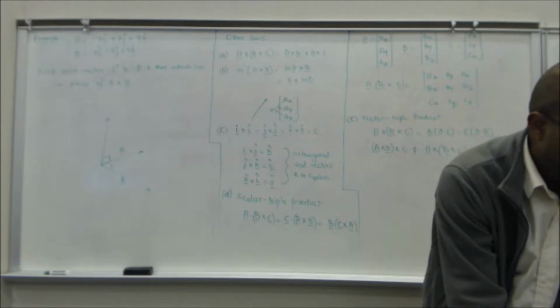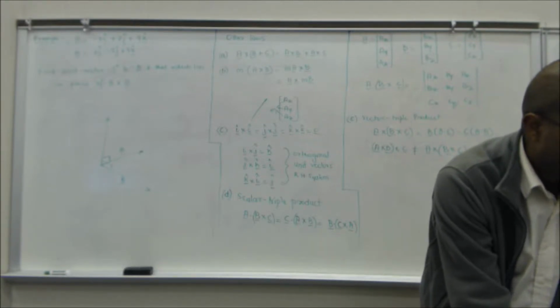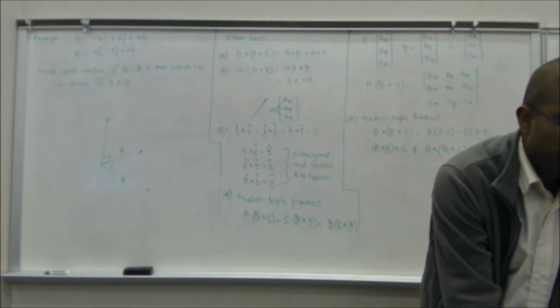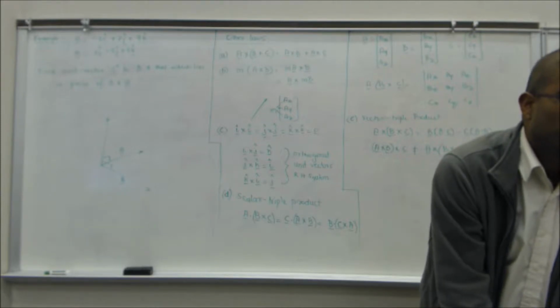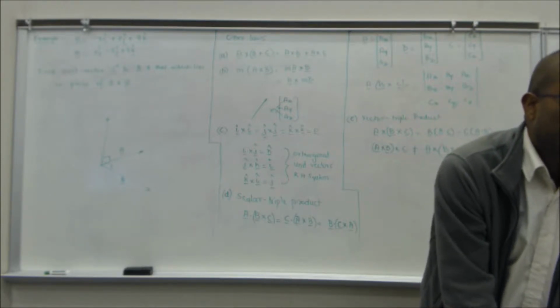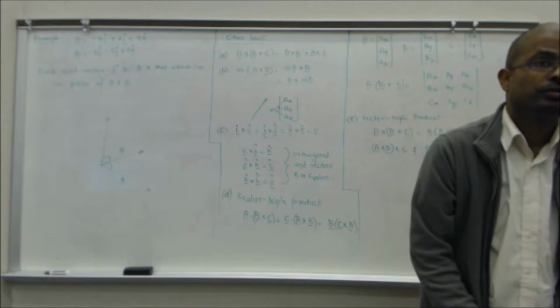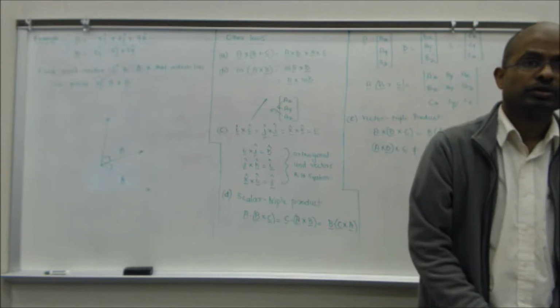It will go back to this plane, right? But now it will be perpendicular to A and that original vector. And if you just normalize it, or make it a unit vector, that is your vector.